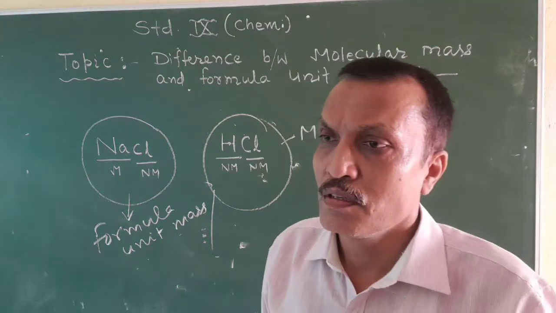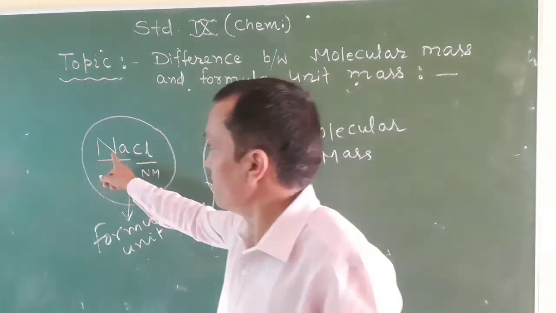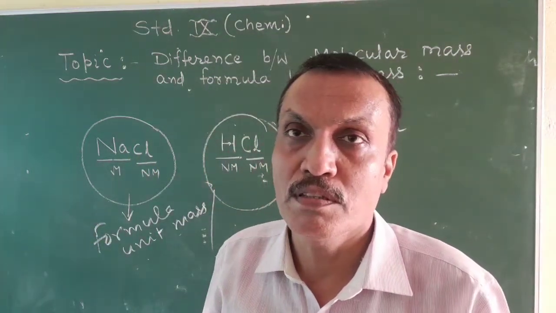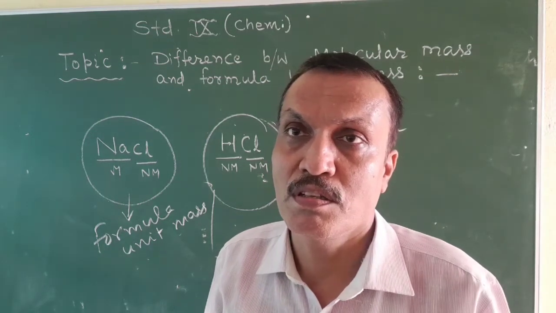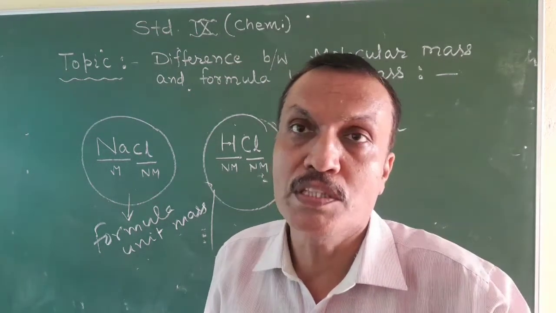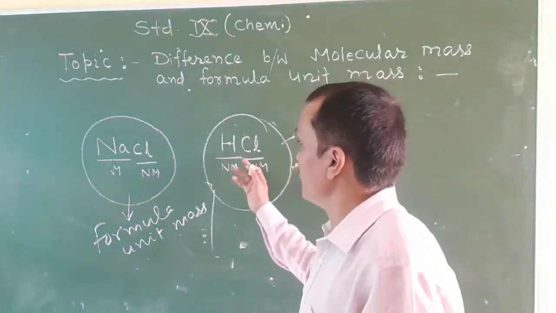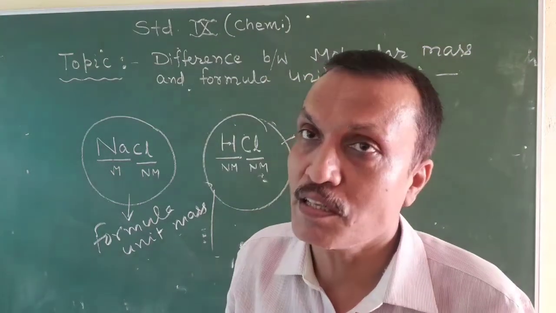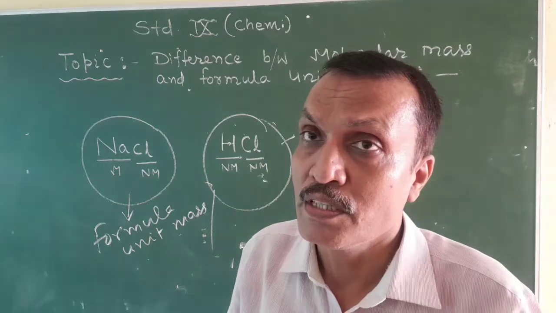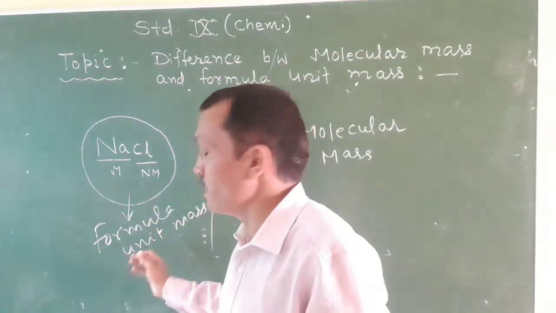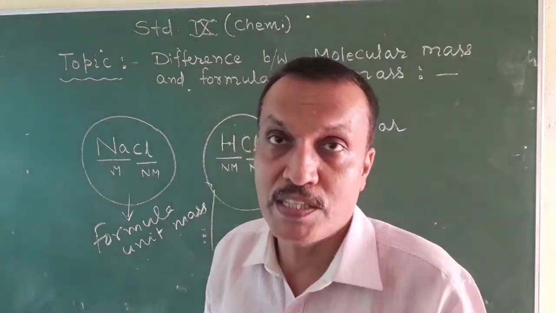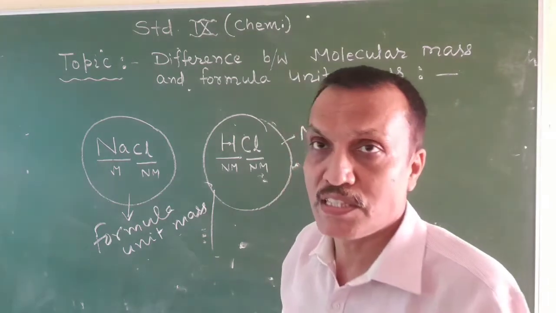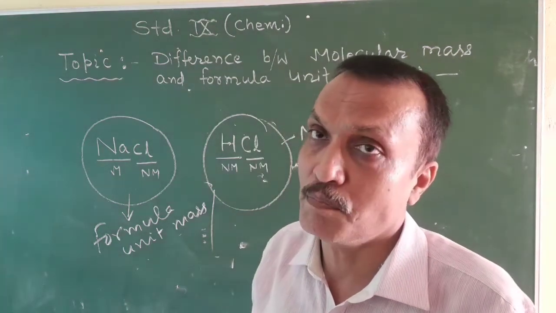Students, compounds made of metallic and non-metallic atoms are said to be ionic compounds. And compounds made of non-metallic atoms are said to be covalent compounds. So you can also say that the term formula unit mass is used for ionic compounds and the term molecular mass is used for covalent compounds.